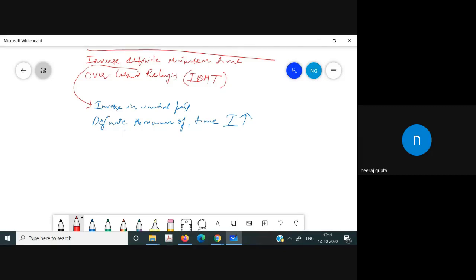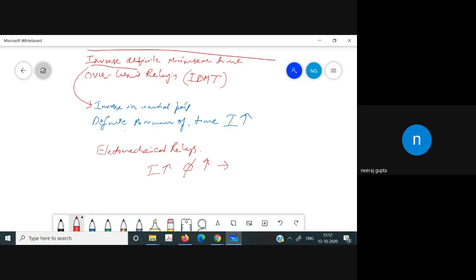Because in case of electromechanical relays, if the current is very high, then the flux will be high, and it will saturate.